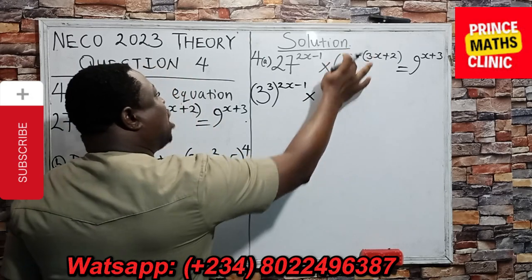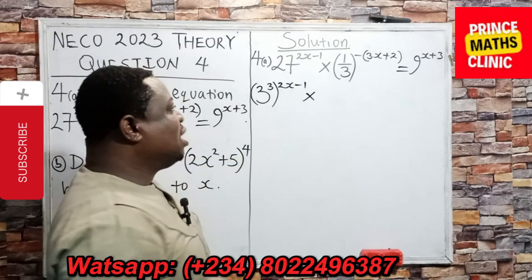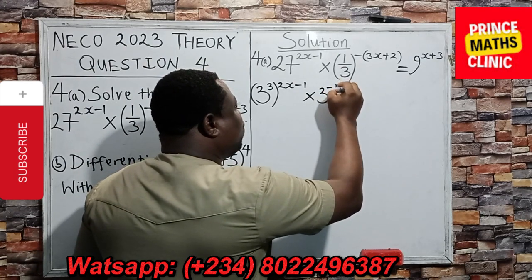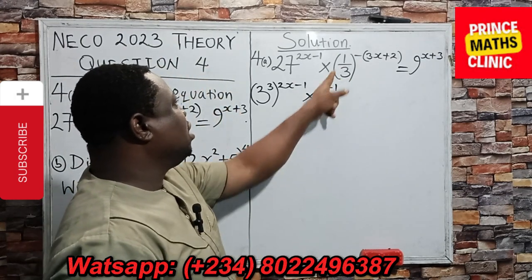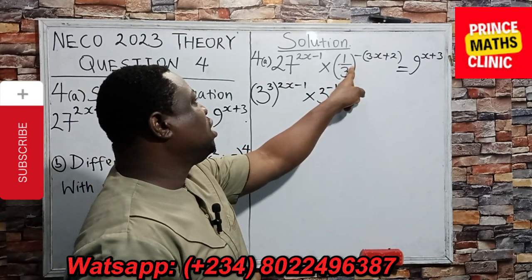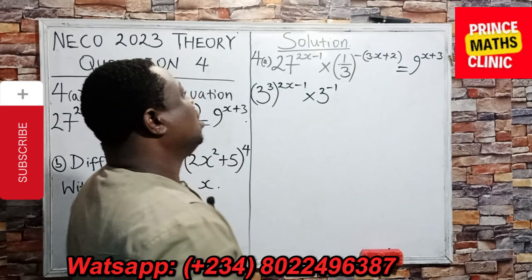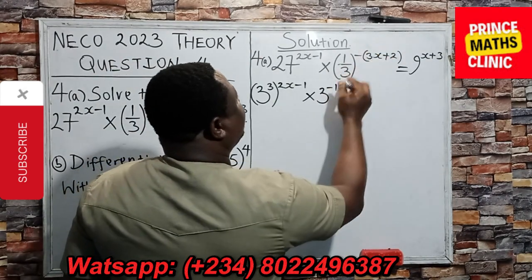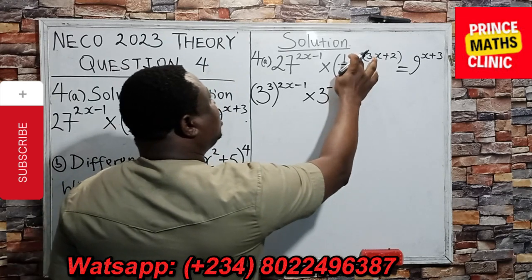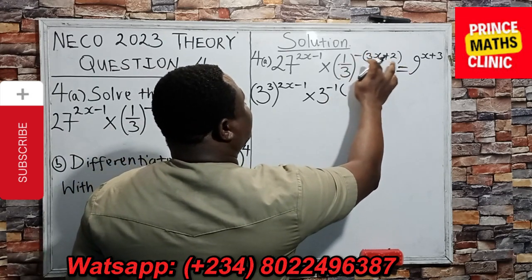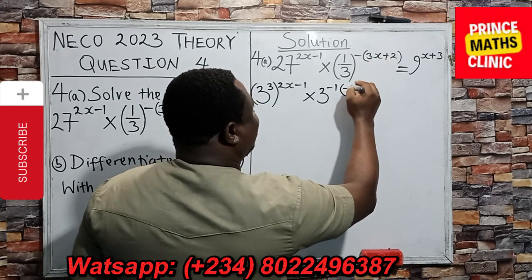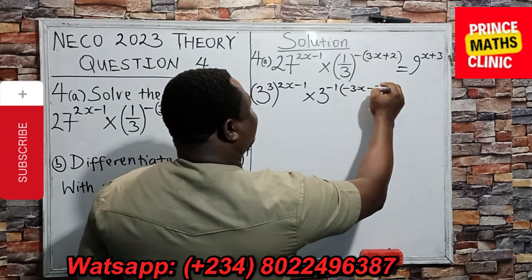Now 1 over 3 can be expressed as 3 to the power of negative 1. The negative here is because of this division, and the 1 is because this 3 is carrying a power of 1. Then carrying a negative power, if I use this negative to expand everything here, I will have minus 3x minus 2. So I'll put that as minus 3x and minus 2.